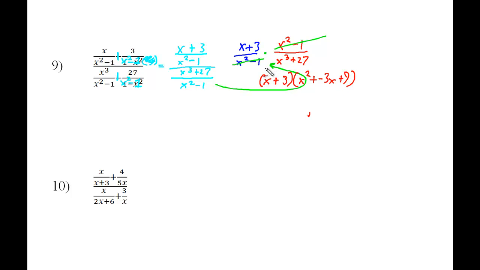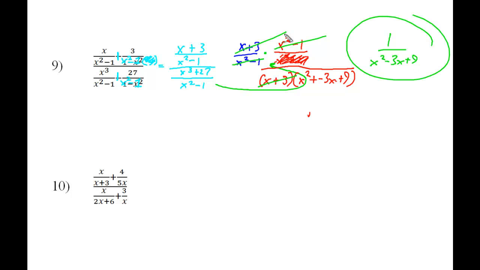So what happens is that this denominator can now simplify with this blue numerator right there. So this has been changed to this, and so now what we have left, using my green pen of simplification here, the x minus 3 goes away with the x minus 3, so what's left is nothing in the numerator except for a 1. And my denominator is x squared minus 3x plus 9. That is my final answer for problem 9.